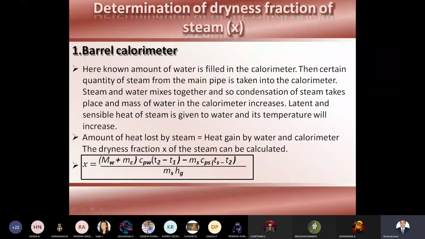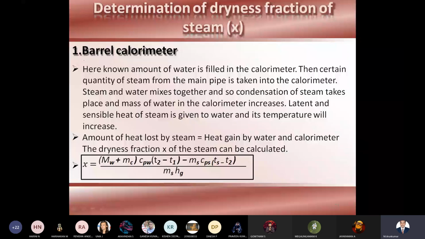In the barrel calorimeter, a known amount of water is filled in the calorimeter. Then a certain quantity of steam from the main pipe is taken into the calorimeter. Then steam and water mix together, and condensation of steam takes place.